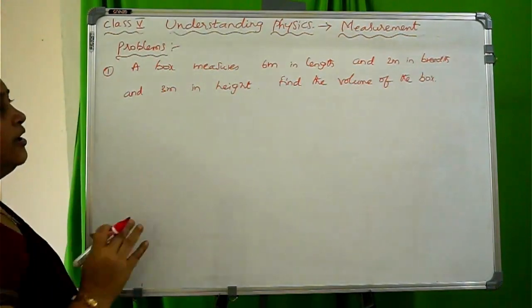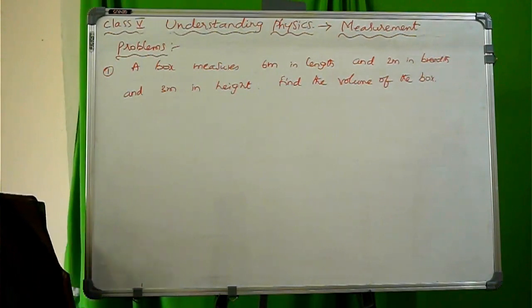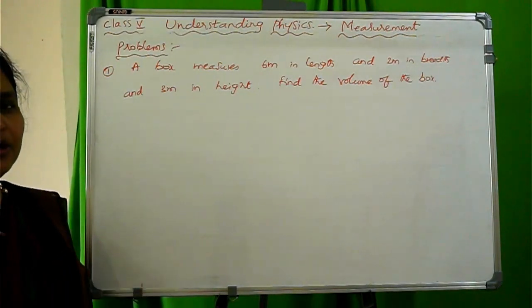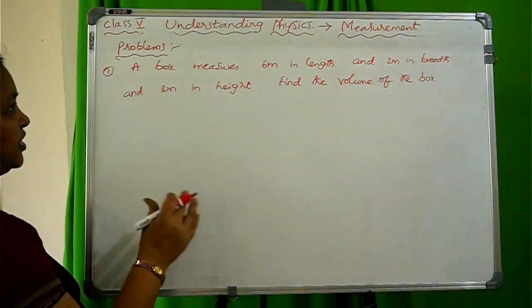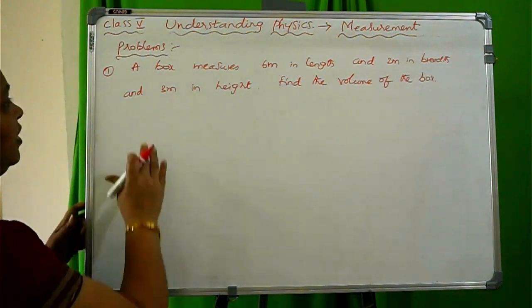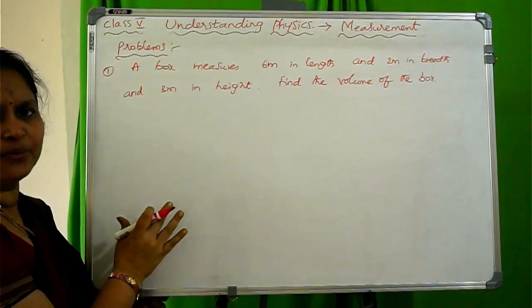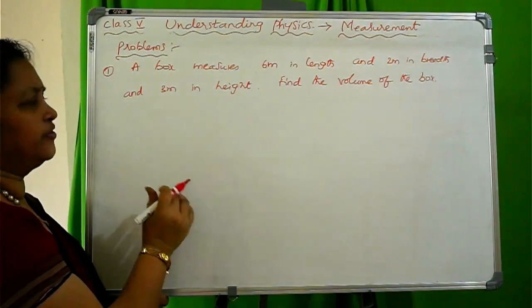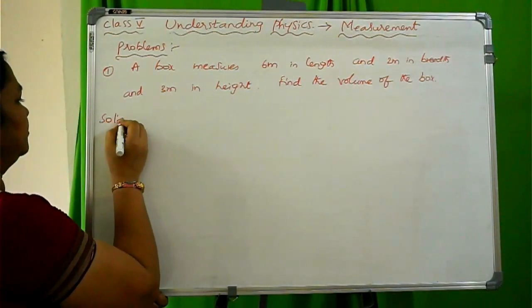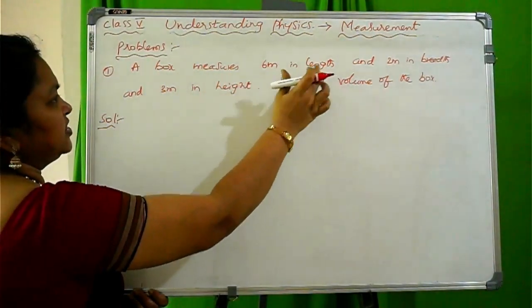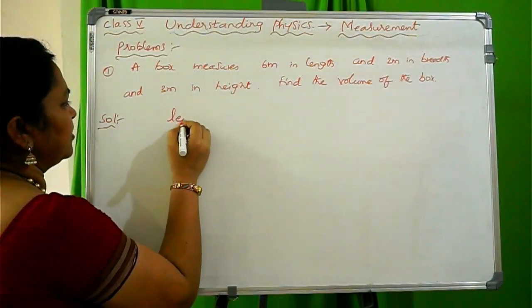So first of all, read the problem. What I said for you, you are 5th standard students now. Now you should know how to do the problems, especially word problems. A box measures 6 meters in length. First, whatever they have given in the problem, write that information first. Now solution. Length is equal to how much they have given?